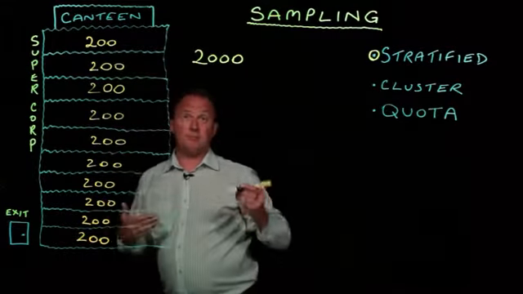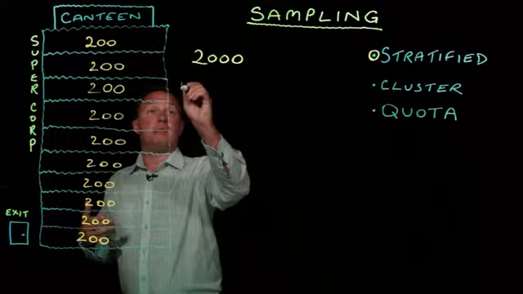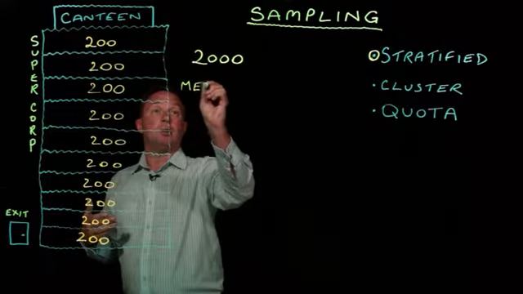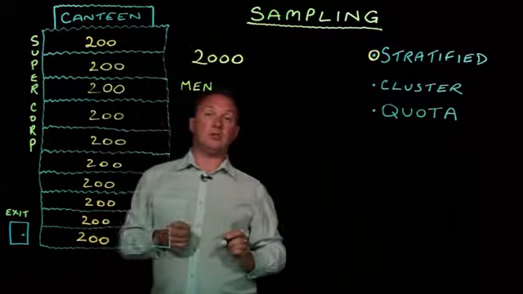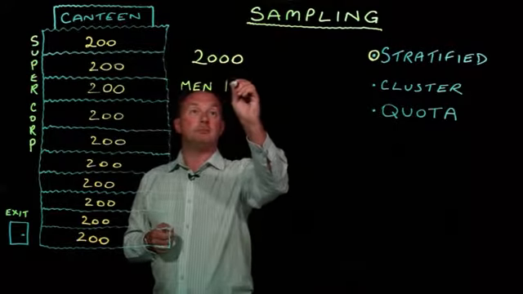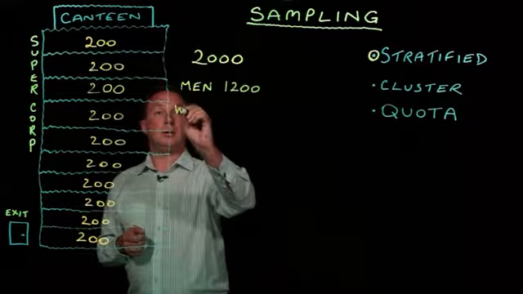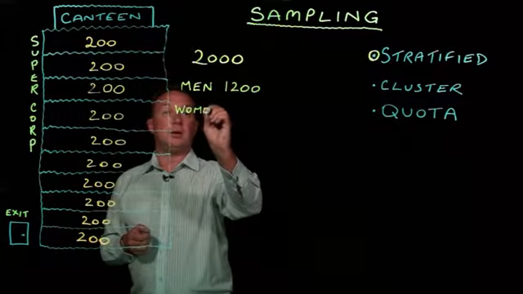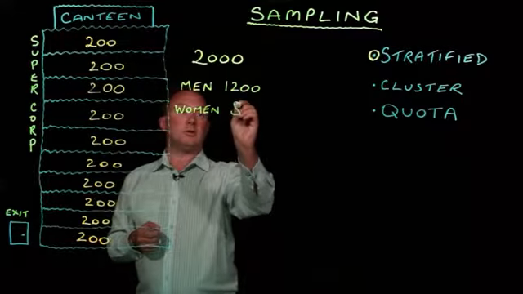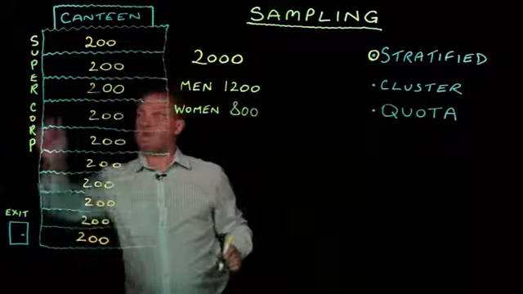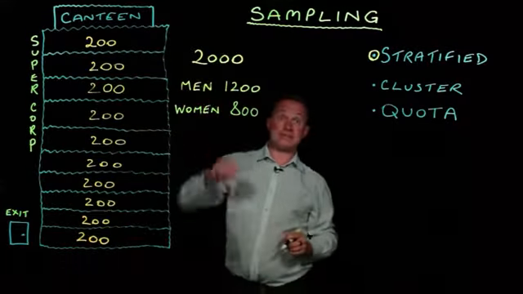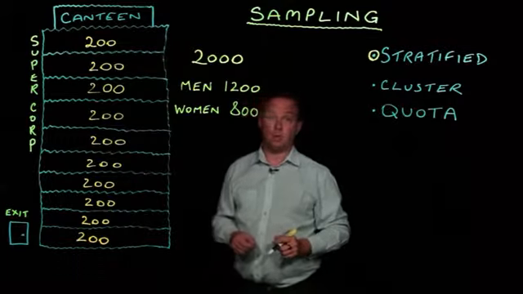So I happen to know that we have this many men, 1,200, and this many women, 800, currently working and using the canteen services of Supercorp.